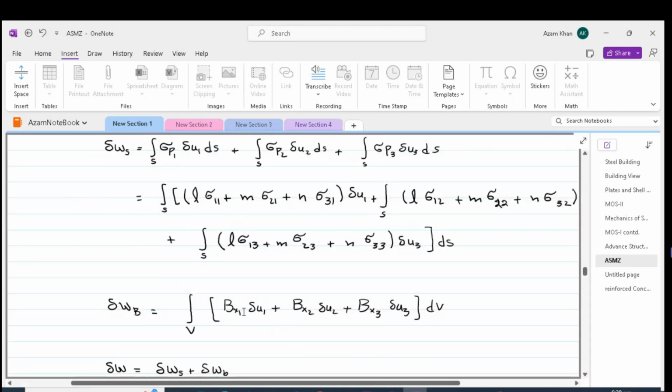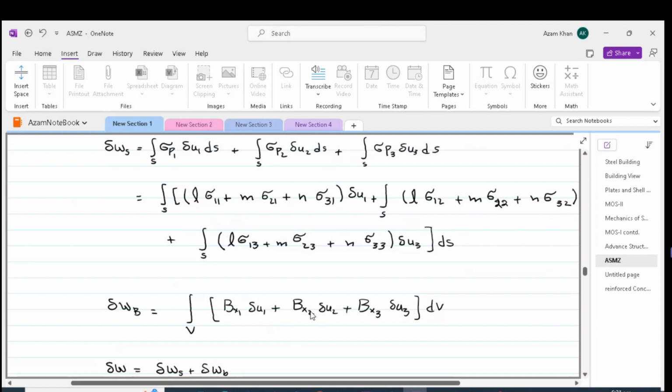The work of the body forces, delta WB, can be written as Bx1 times the displacement variation in x1 direction, plus Bx2 times the displacement variation in x2 direction, plus Bx3 times the displacement variation in x3 direction.